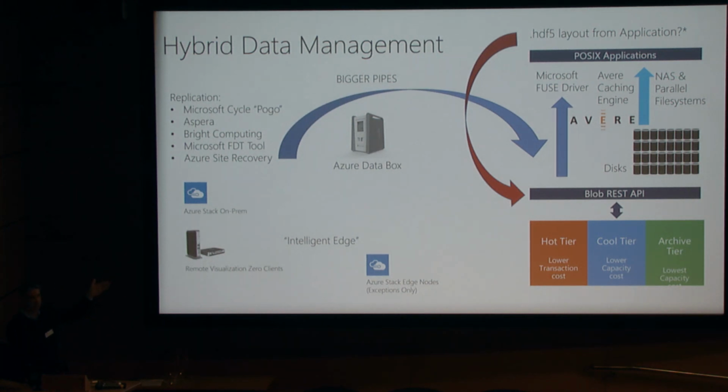The Microsoft Fuse driver is another one, so you can access the blob storage directly as a POSIX namespace from your application. I think there's a talk this afternoon on a different Fuse driver. And then we're even looking at whether we can do things in the application layer with formats like HDF5. Can they address the layout directly into the object storage in the cloud? So that's all I have.